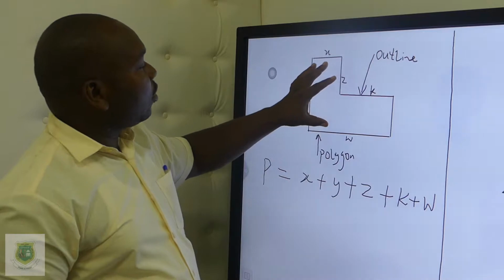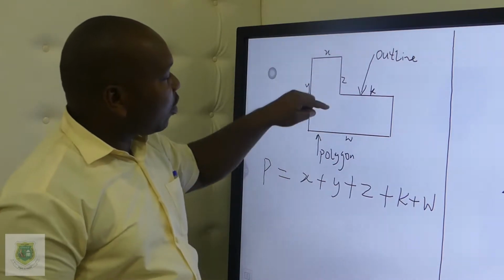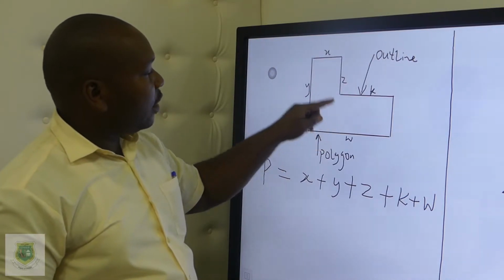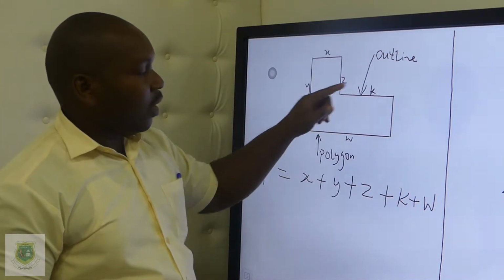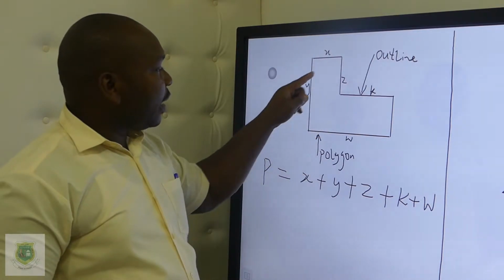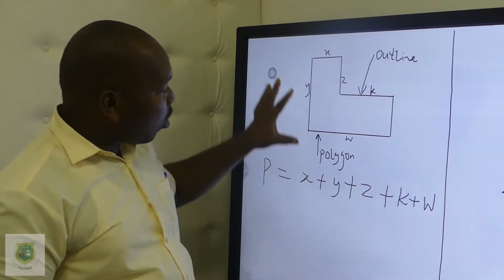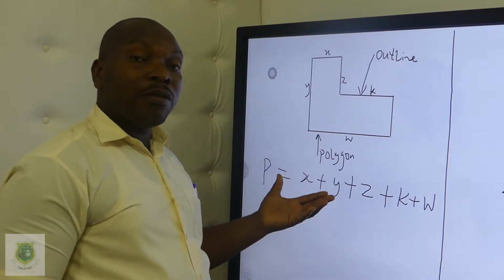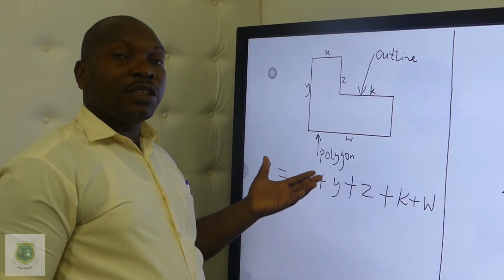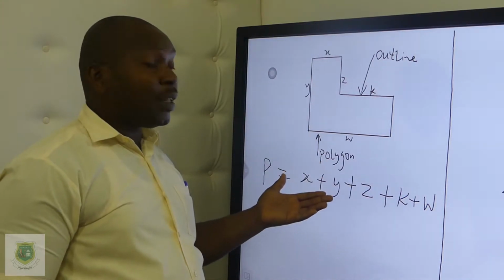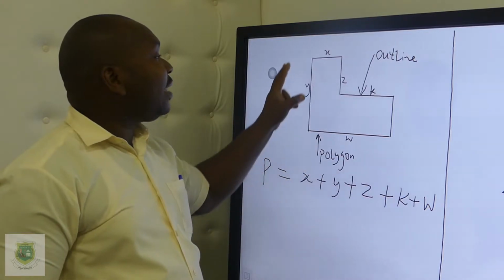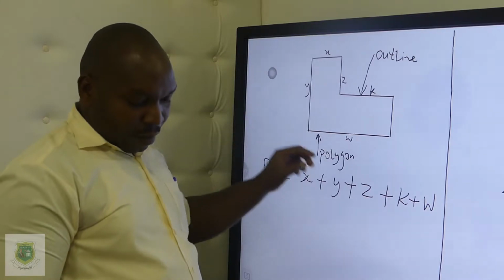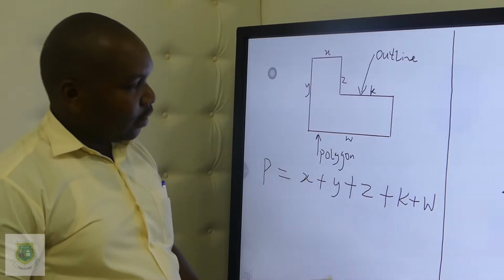So in this polygon, what forms the sides are X, Y, Z, W, K. That is what forms this. And that is how we calculate the perimeter of a polygon. Simply add the sides, the segments that form its sides.